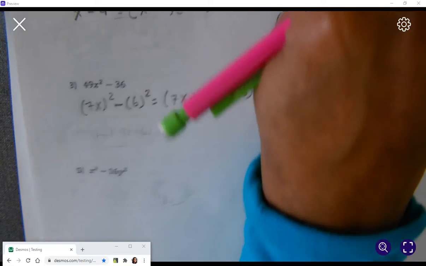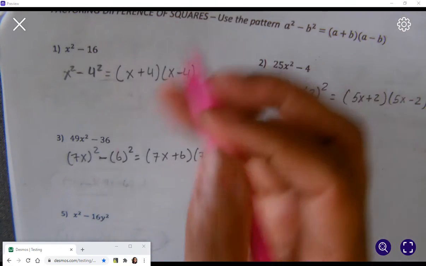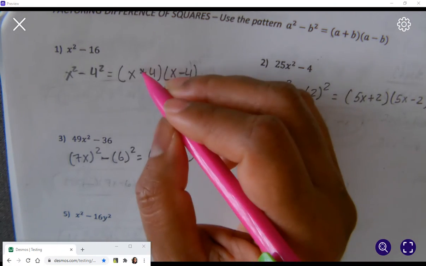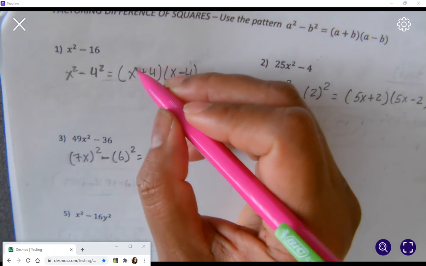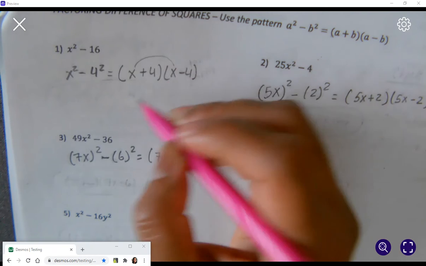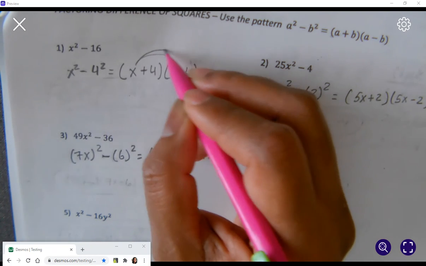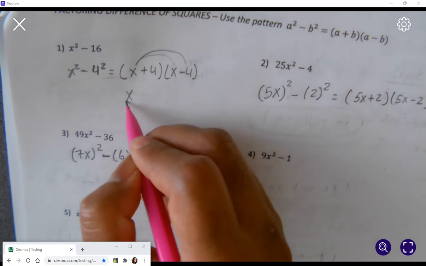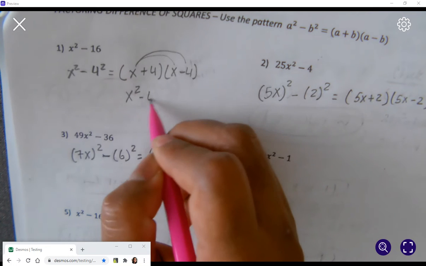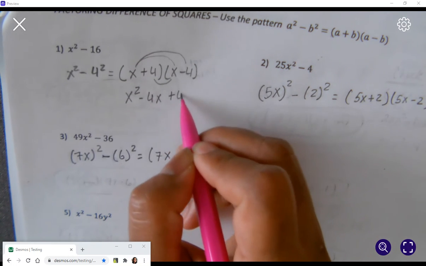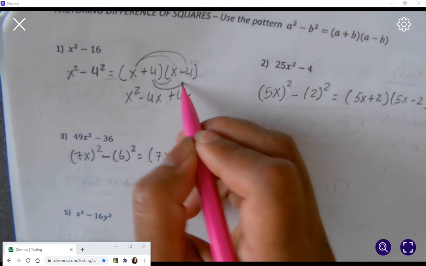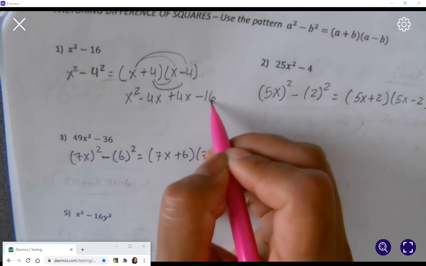Okay, now let's check a few of these to see if they actually do work out. Once I multiply this back out, I should be able to get my original form back. So you have x times x, and then x times negative 4, so you have x squared and negative 4x, and then positive 4x, and then 4 times negative 4 is negative 16.